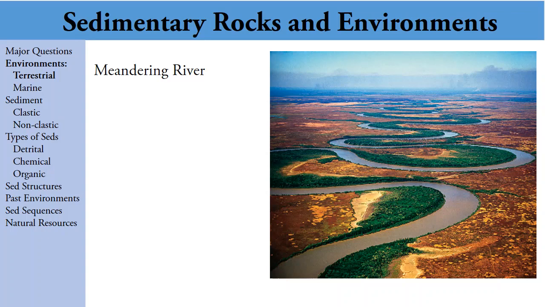So meandering rivers are typically indicative of their age. Meandering rivers are older, okay? The reasoning is that mountains are relatively young compared to a lot of the older rock around them. Mountains grow, right?